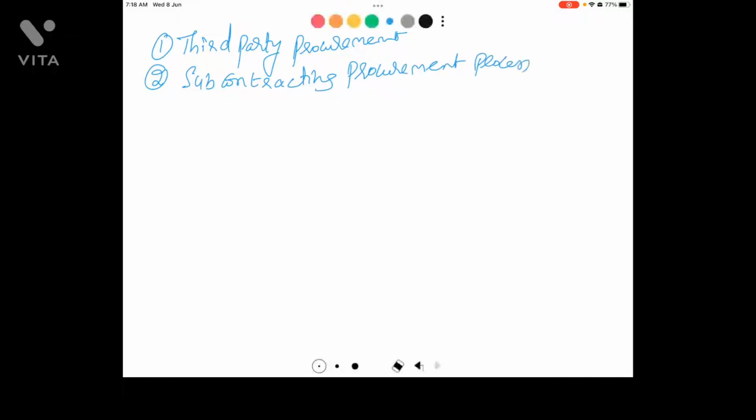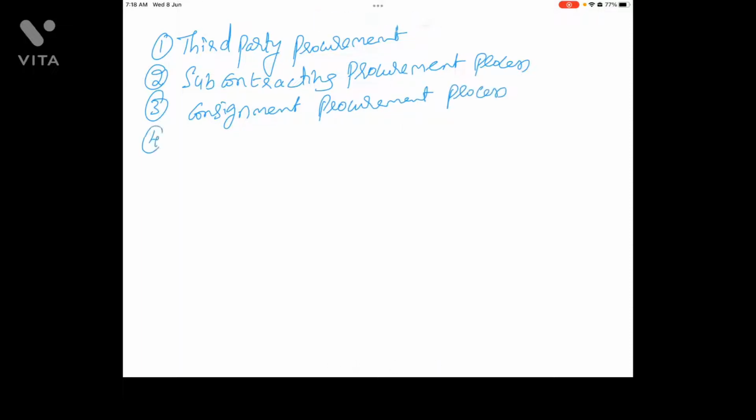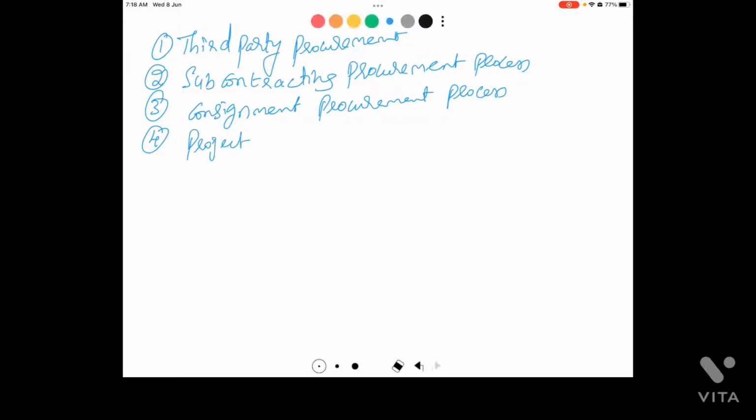Okay, the third one is consignment. Very important, the consignment procurement process. And we have other ones, like project order stock procurement and sales order stock procurement.